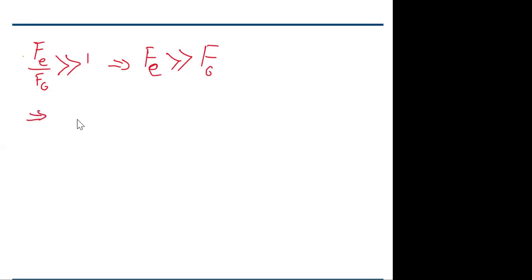So as a conclusion, we neglect FG. In this chapter, we will not talk about the gravitational force, because it is much smaller compared to the electric force. We should multiply by 3.1 times 10 power 35 to get the electric force. Okay.